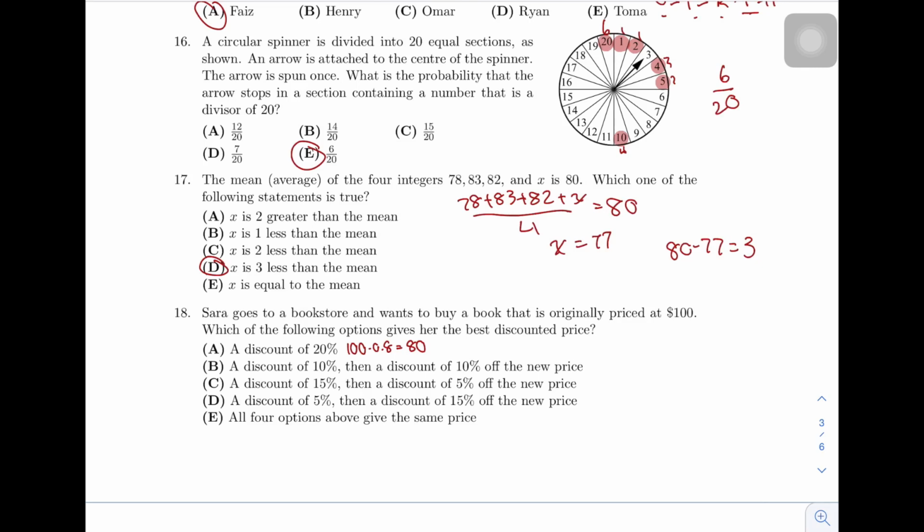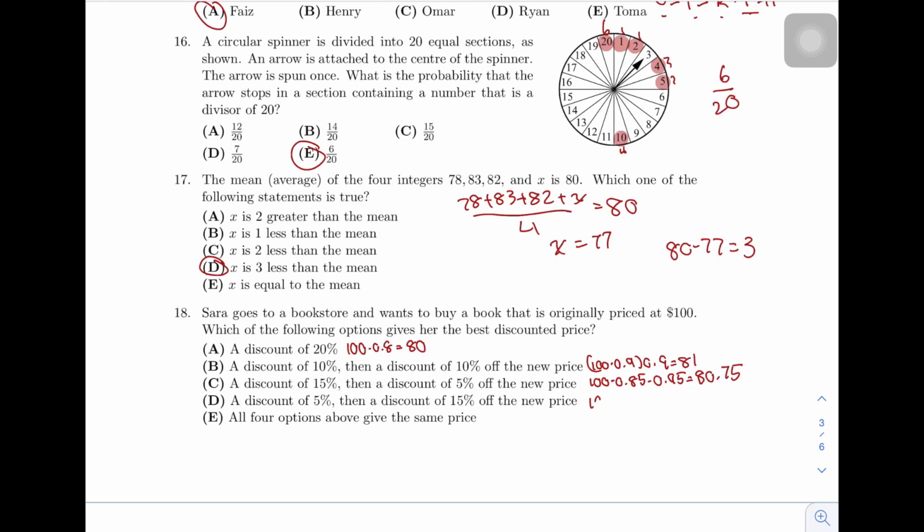For B, you would have to do 100 multiplied by 0.9, multiply the whole thing again by 0.9, giving you $81. For C, it will give you 100 multiplied by 0.85, then multiply by 0.95, giving you $80.75. For D, it's the same thing as C, just you change the numbers around.